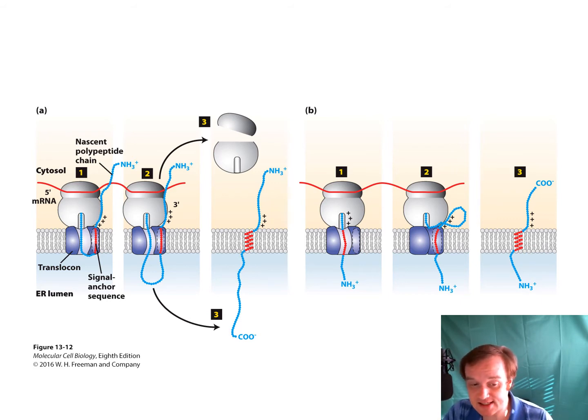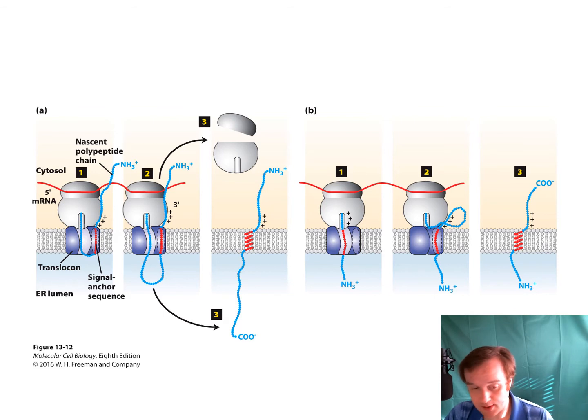But this is different in type 2 and type 3 in that there is no terminal signaling sequence. Instead, they have a single internal hydrophobic signal/anchor sequence. So that alpha helix that spans the membrane is both a signal and the anchor for this protein.